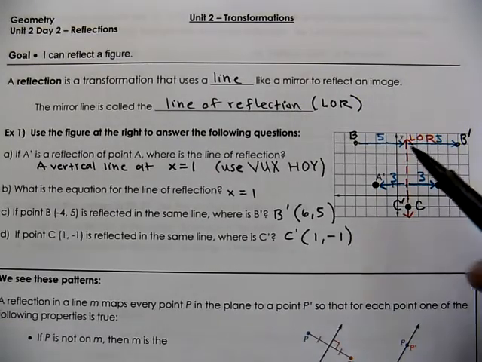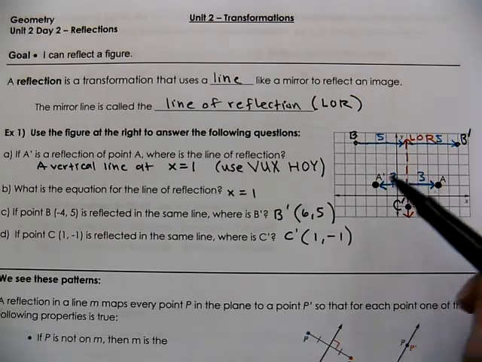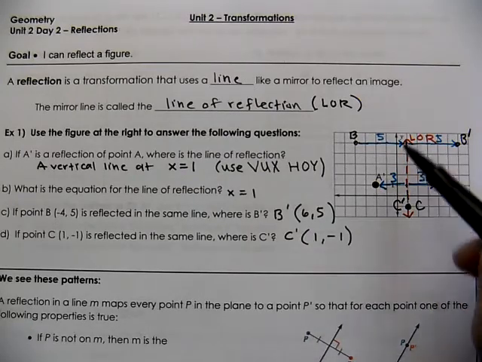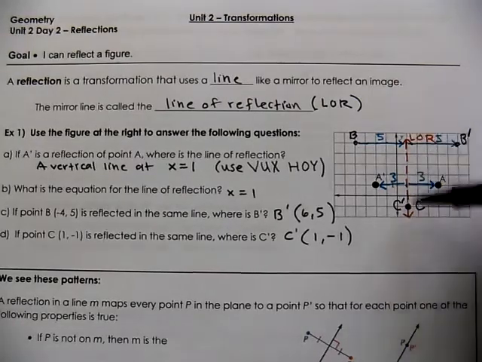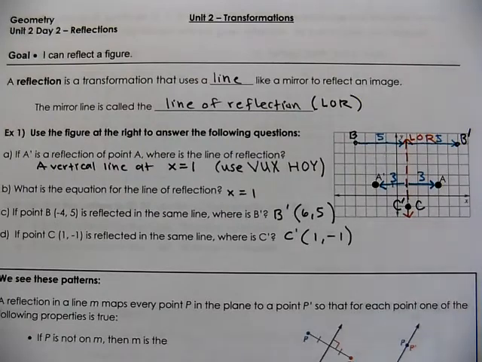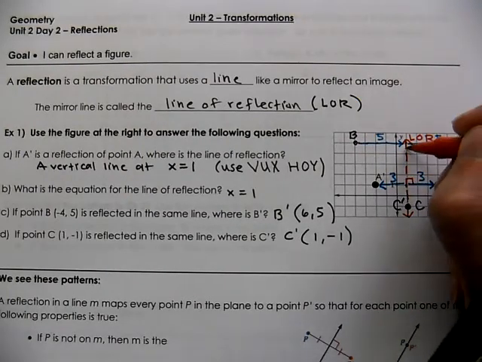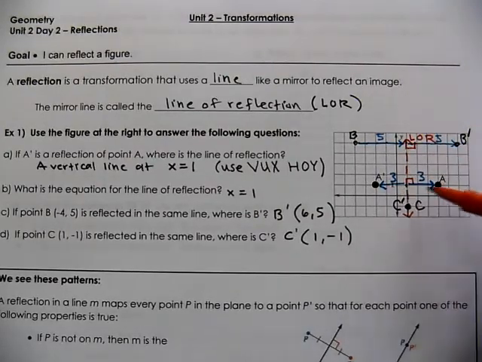So we notice some interesting things. We notice that the line of reflection is exactly halfway between the 2 points. And it also turns out that we have some perpendicular lines. If we look at the line of reflection and we look at these counting lines, we end up with a right angle. So we have perpendicular lines here, and that means this is a perpendicular bisector.